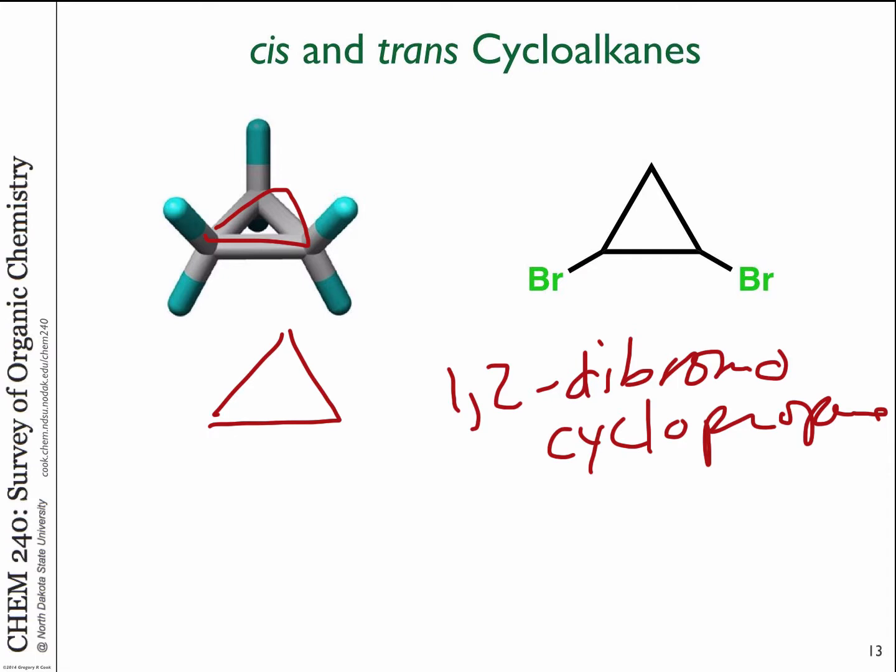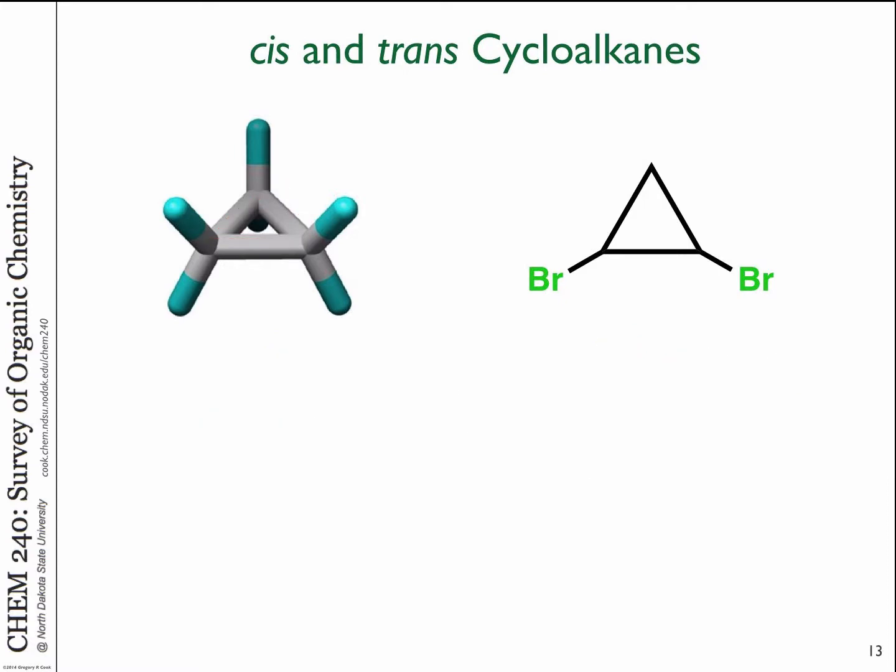It's no longer possible for those bonds to rotate. And that's something to be aware of. If you look at this cyclopropane structure, and you look at this carbon-carbon bond, because it's attached back here, there's no way that this can rotate around. The whole molecule could tumble, but that's not rotating the bond, this carbon relative to that carbon, right?